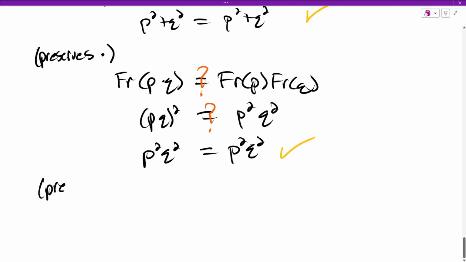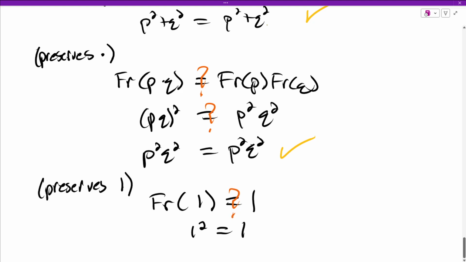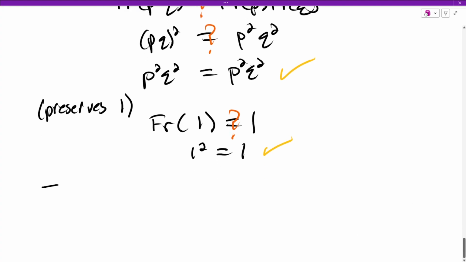Now let's check that it preserves unity. We actually already saw this with our example, but we're going to do it again. So we need to check the Frobenius of the constant polynomial, which is 1, is equal to 1. The Frobenius is the I will square you function. So is 1 squared equal to 1? Yeah, it is. Awesome. All right. So what can we learn from this? We learn that the Frobenius is a homomorphism because it preserves the addition, it preserves the multiplication, and it preserves the unity.